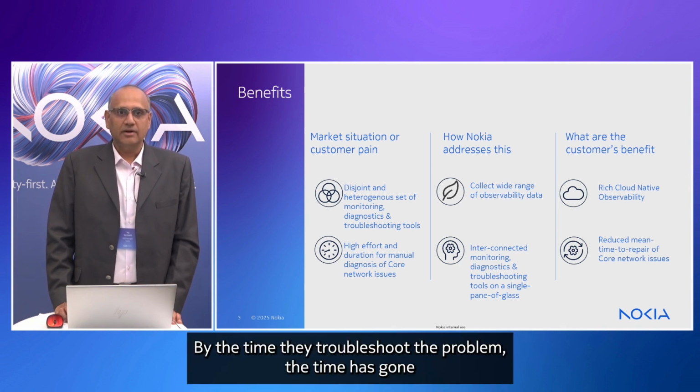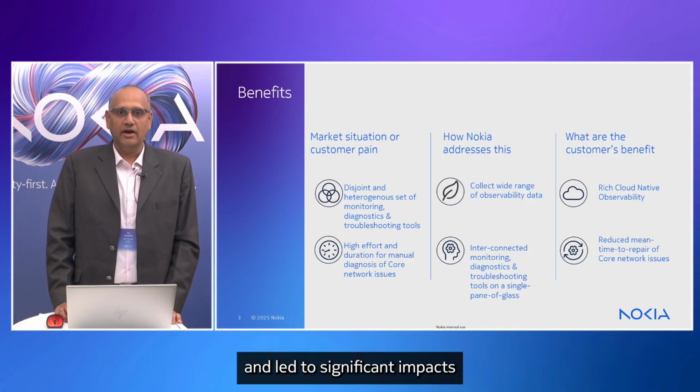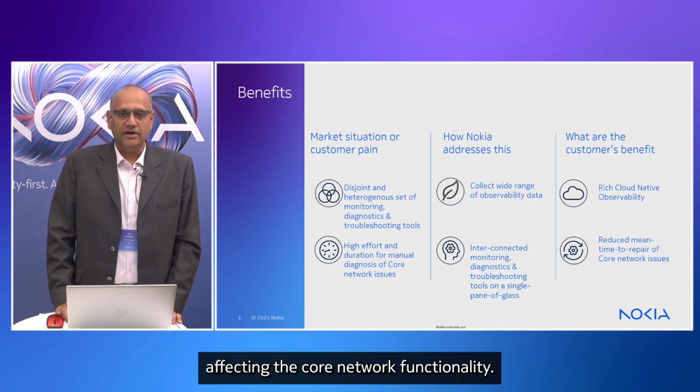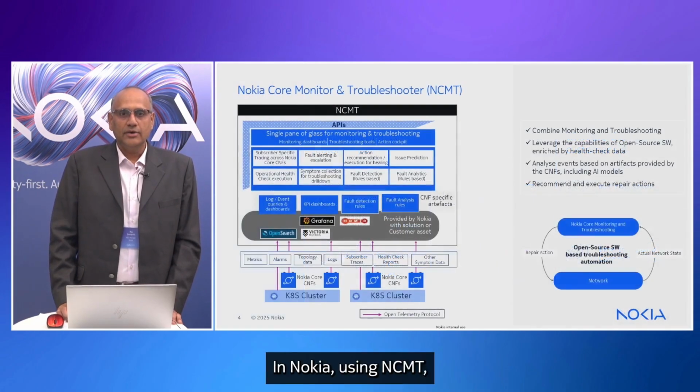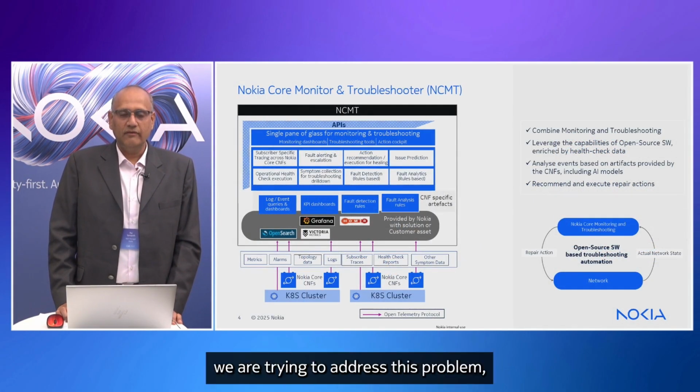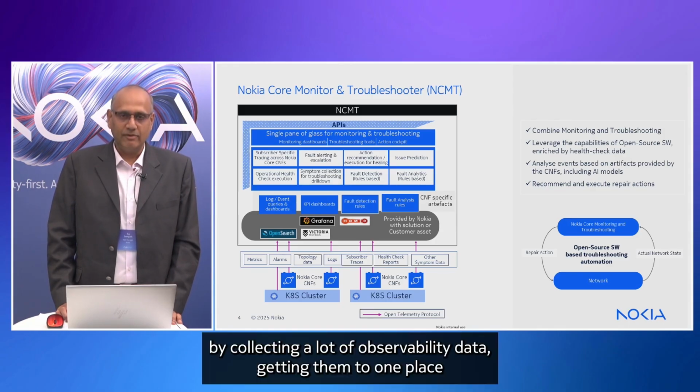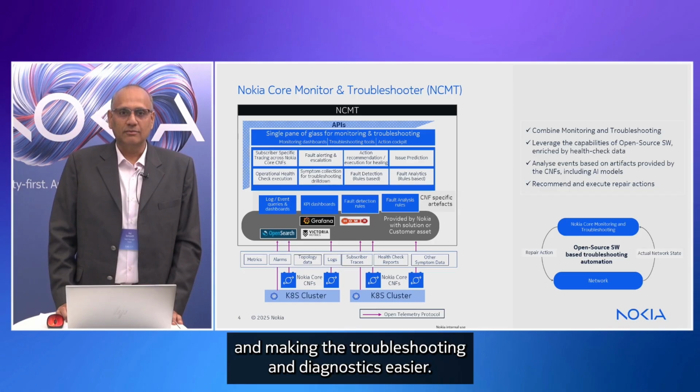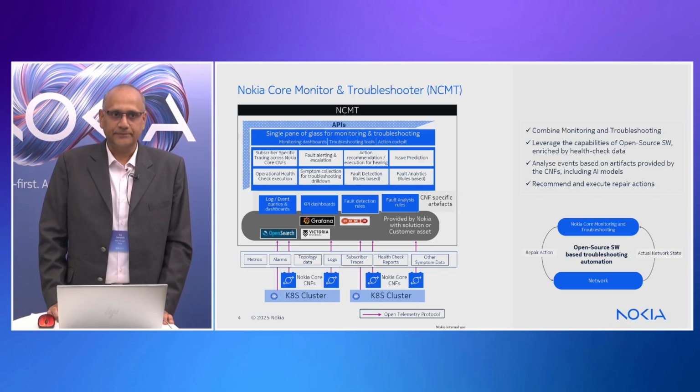By the time they troubleshoot the problem, the time is gone and it leads to significant impacts affecting the core network functionality. In Nokia, using NCMT, we are trying to address this problem by collecting a lot of observability data, getting them to one place and making the troubleshooting and diagnostics easier.